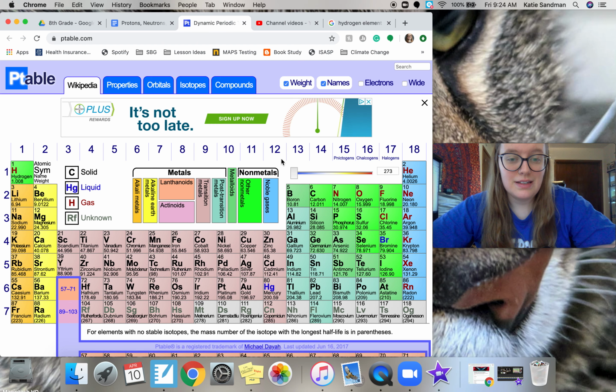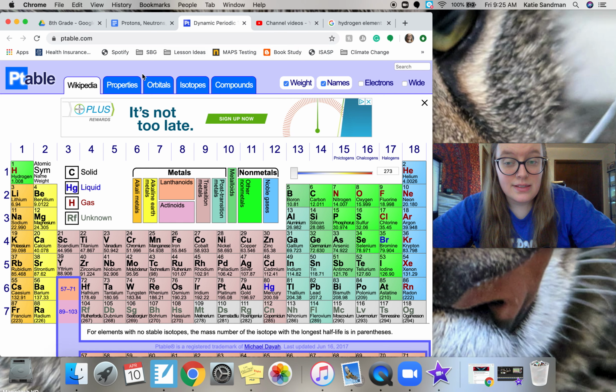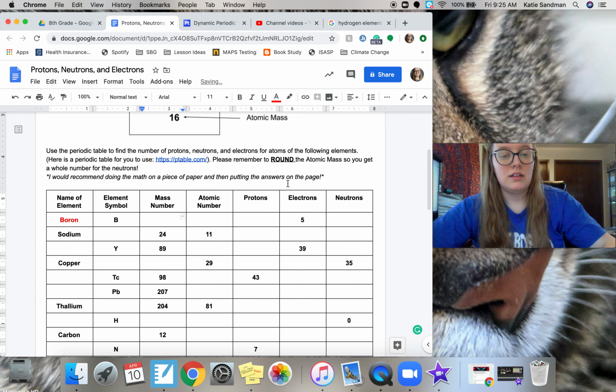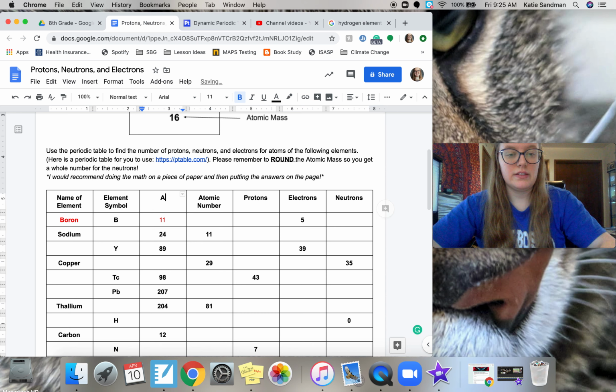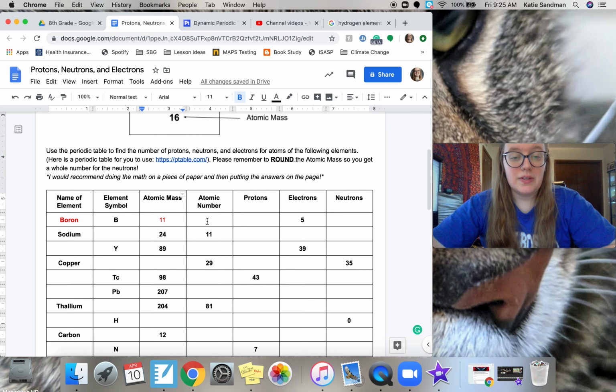What is the mass number? Well, it is 10.8. So I want to round up that mass number. So 0.8, I'm going to round up, so that is going to be 11. I'm actually going to change the name of this since we did not call it the mass number. I'm going to put it as atomic mass. So the atomic mass is 11.